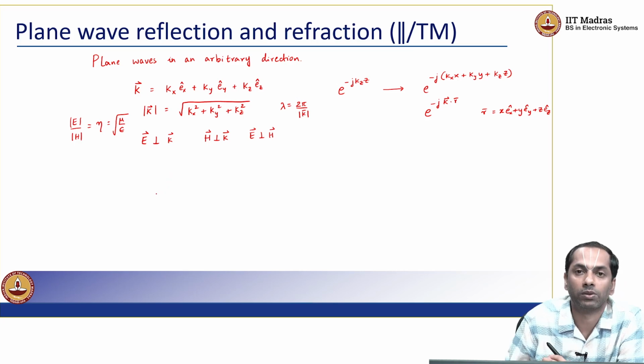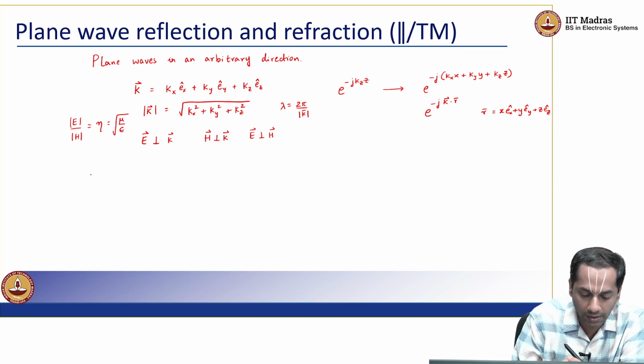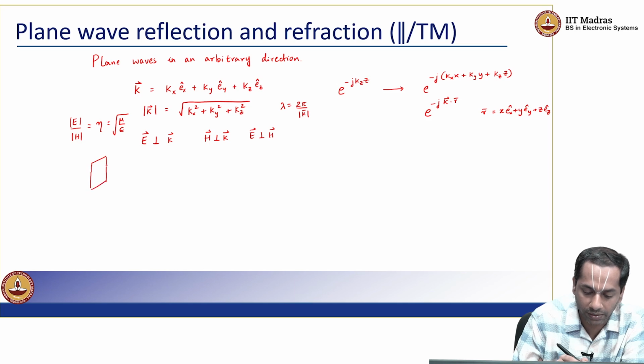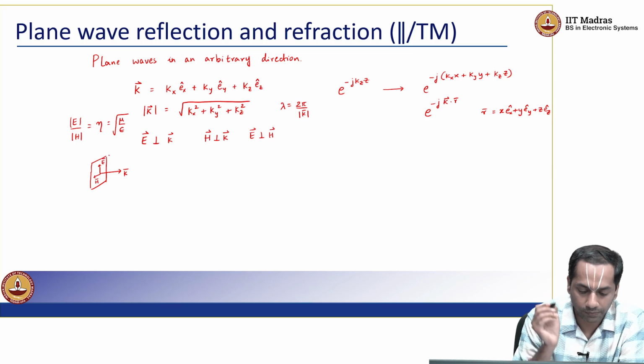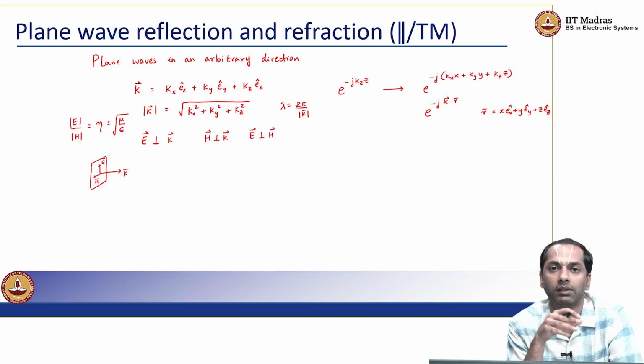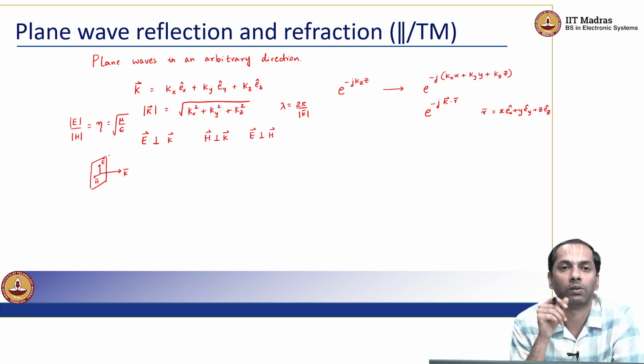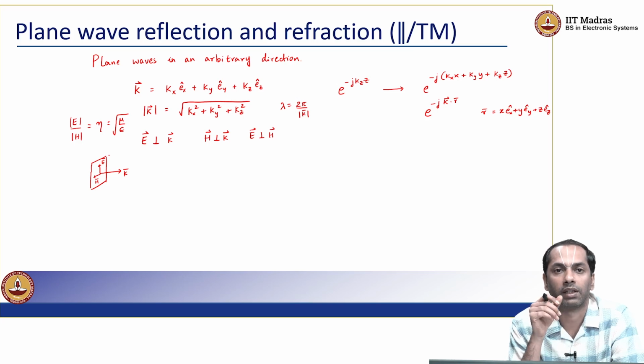And we also have a notation for how we represent plane waves. Rather than having to draw something like what I drew a couple of slides back, where I have the k vector here, the E and the H, this is sort of like an isometric or perspective view, where I am drawing a three-dimensional figure.